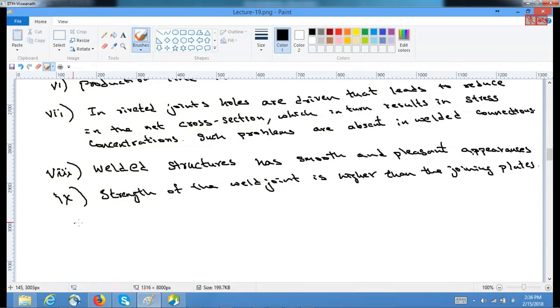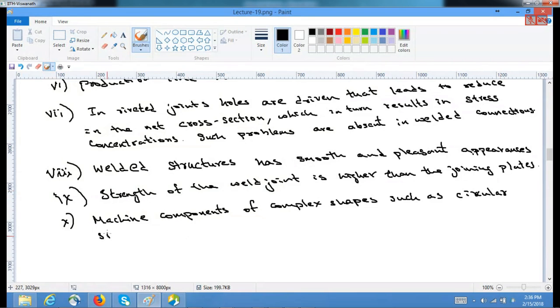Finally, if you have complex shapes like machine components, such as circular steel pipes, for example, you find difficulty in riveting.